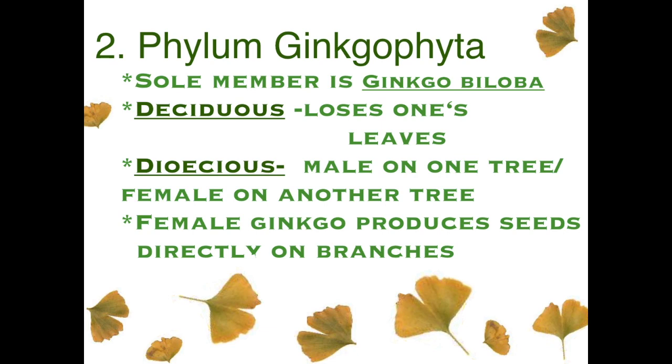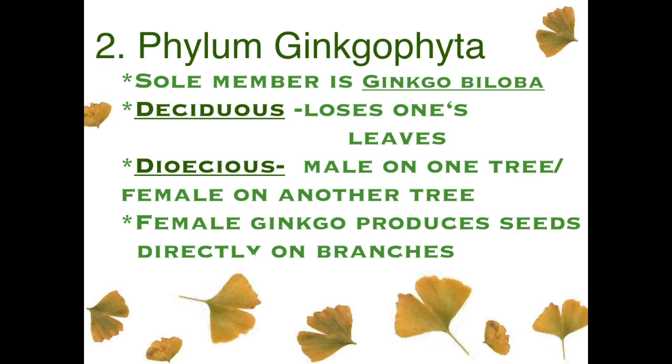So deciduous means falling off, losing one's teeth or losing one's leaves. But dioecious means you have one male tree and one female tree. So that's why some trees had those berry seed-like structures on the ground, and that was the female tree. The male tree did not have those.